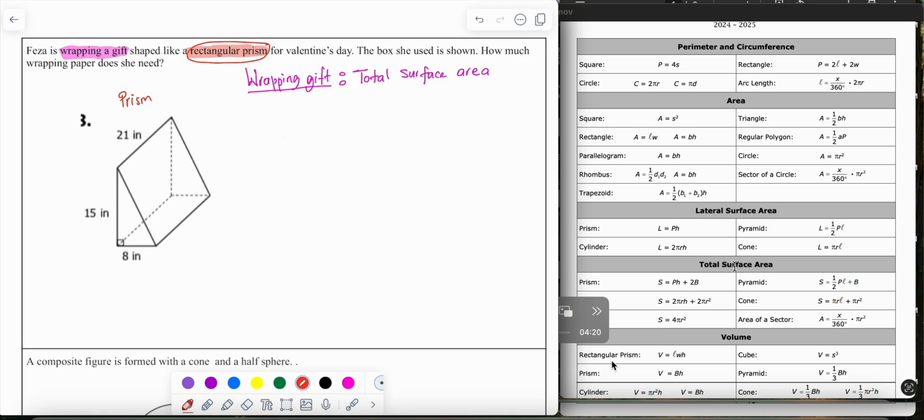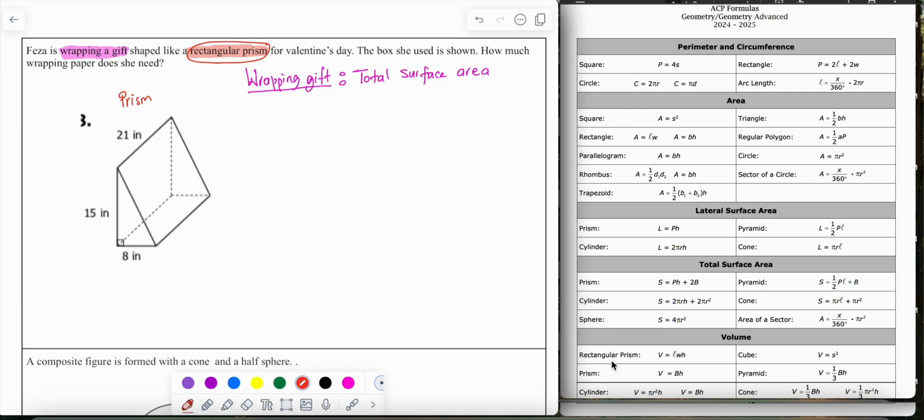Then we look for the word prism, and this is the formula we're going to use. We copy that formula on our paper. It says S, which is total surface area, is equal to P, the perimeter of the base, times the height of the prism, plus 2 times the area of the base.